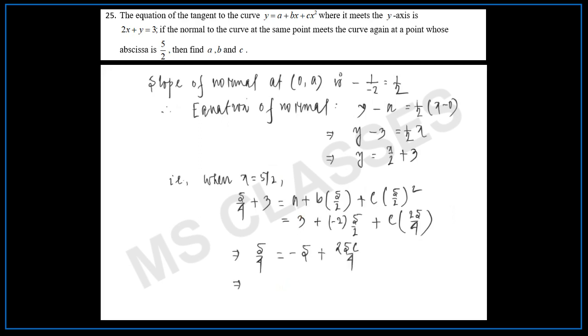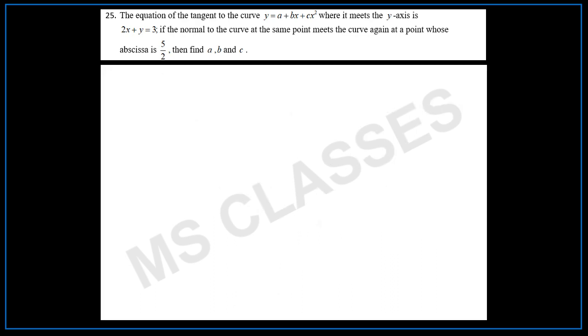Now we simplify this further, and we get 25c by 4 equal to 5 plus 5 by 4, that will be 25 by 4. This implies that c equals 1. So thus we got the values of a, b, and c. Therefore, the required values are a equal to 3, b equal to minus 2, and c equal to 1.